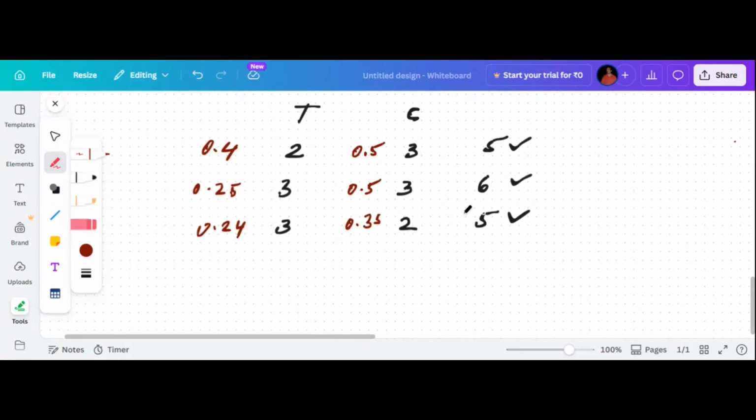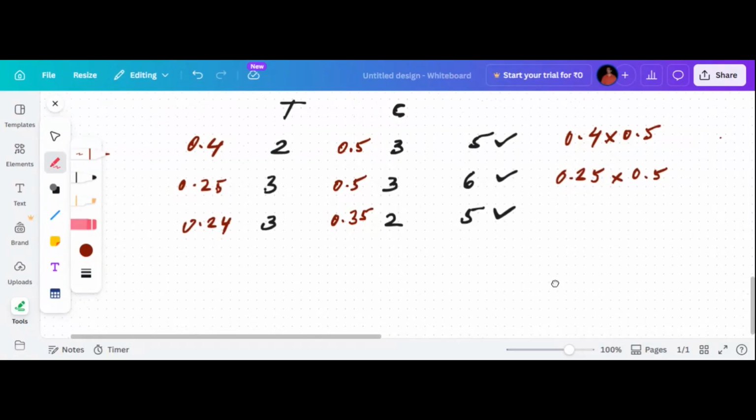So the probability that Tom wins 2 and Clara wins 3: it's multiplication, so 0.4 into 0.5. The probability that Tom wins 3 and Clara wins 3 is 0.25 multiplied by 0.5.